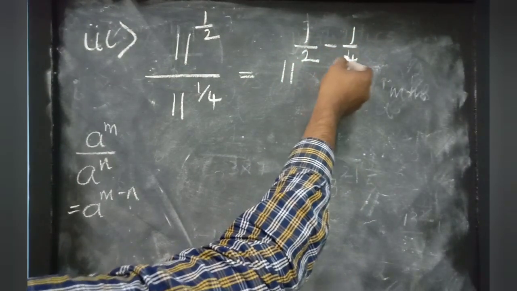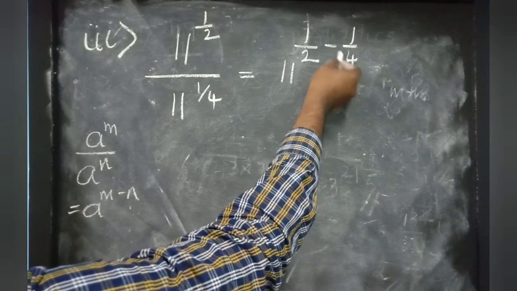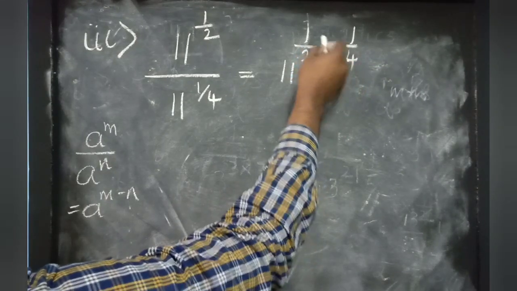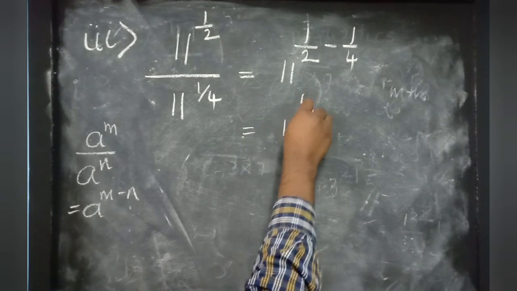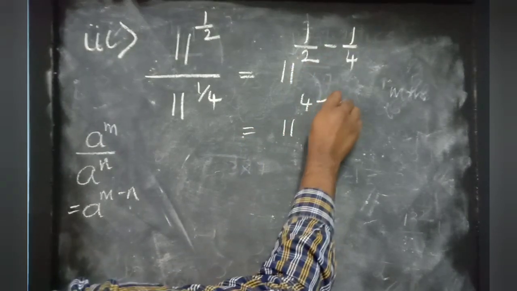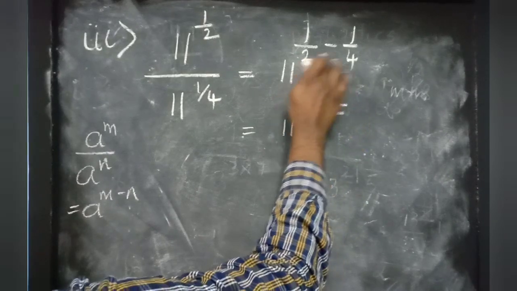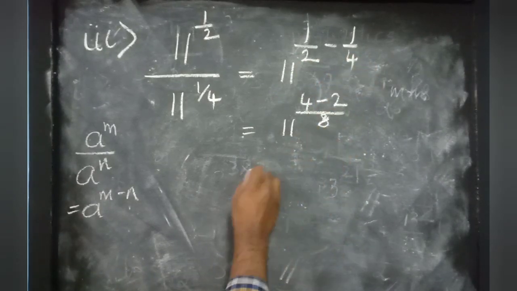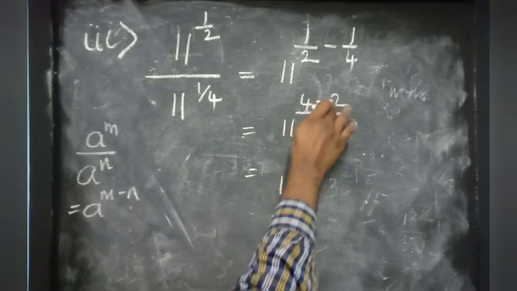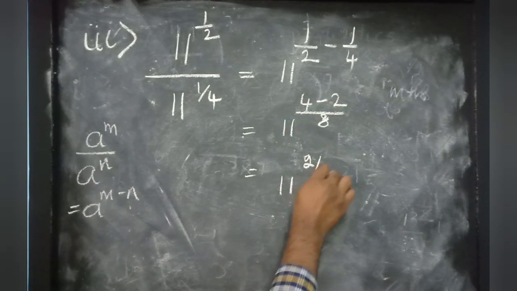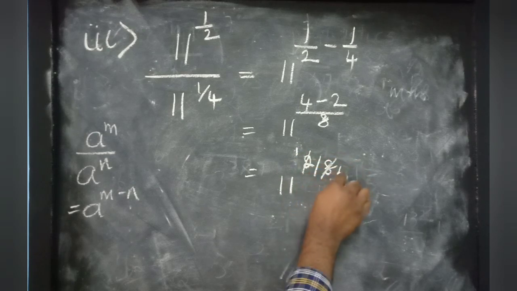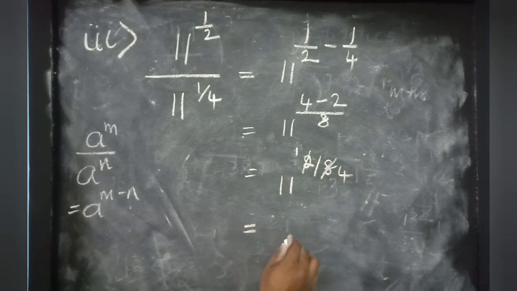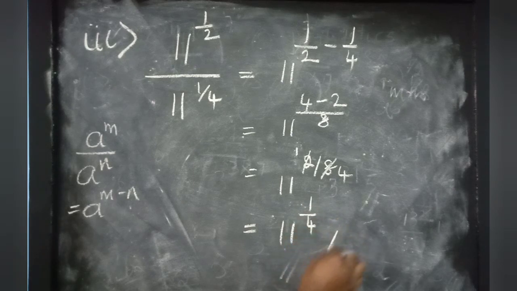Now by using the butterfly method or by taking LCM, 4 ones are 4, 2 ones are 2, divided by 2 fours are 8. Therefore 11 to the power 4 minus 2 is 2 divided by 8. I can simplify 2 times 1, 2 times 4. So the solution is 11 to the power 1 divided by 4.